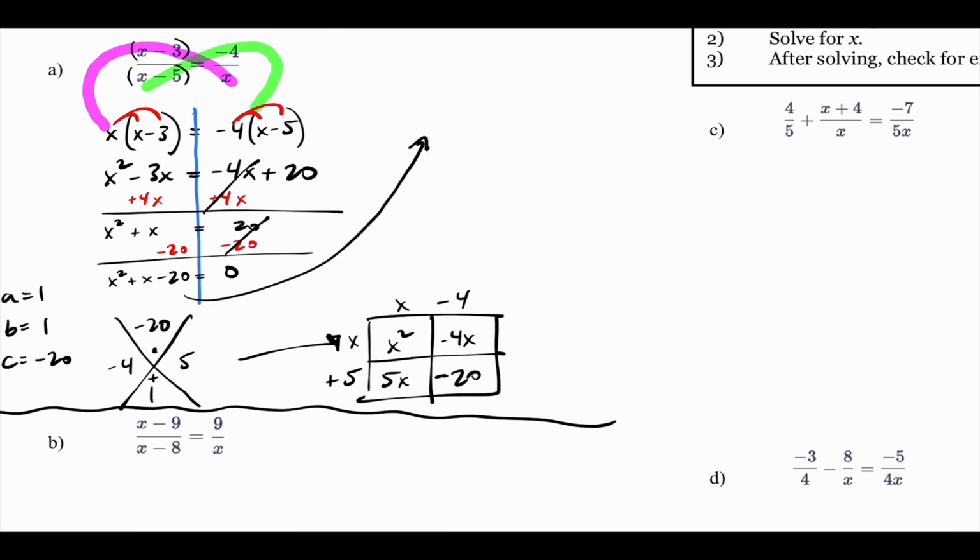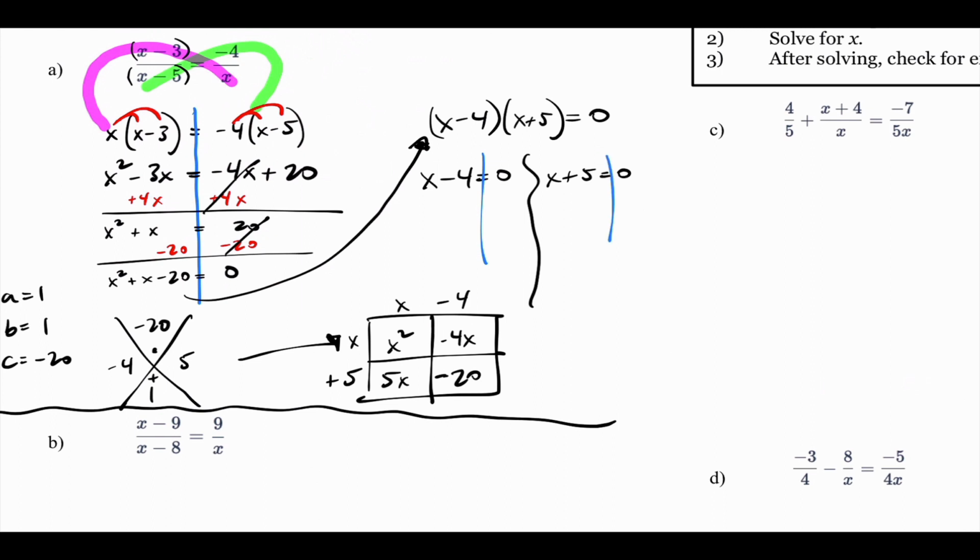So I have, let me move over here, x minus 4 times x plus 5 equals 0. This one, now I have to solve it. So what do I have to do when I'm solving? Set it equal to 0, yeah. Set them equal to 0. X minus 4 equals 0. X plus 5 equals 0.